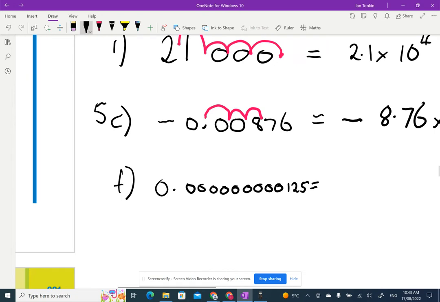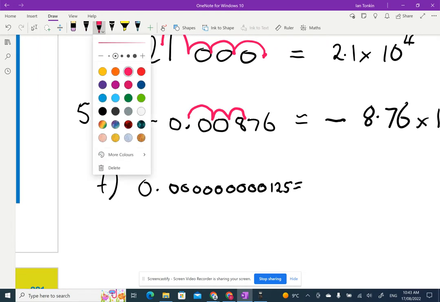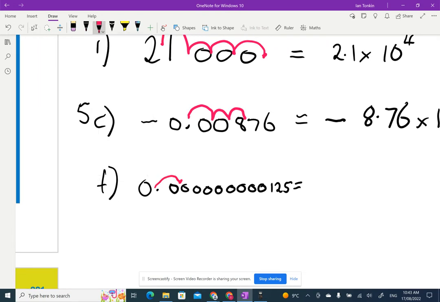And again, I'm just going to move the decimal point. 1, 2, 3, 4, 5, 6, 7, 8, 9, 10. So 1.25 times 10 to the power of 10, but because I went the other direction, negative.